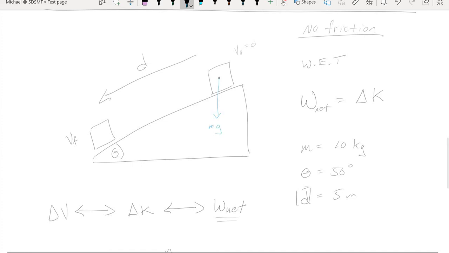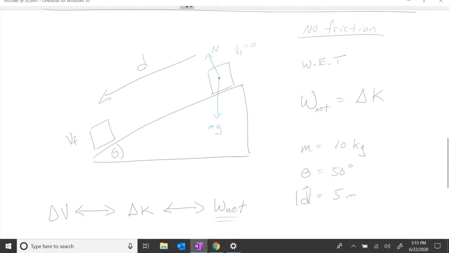Weight always points straight down. We have the normal force, which points normal to the surface of contact. And that's it. That looks like the only two forces that are acting on this mass as it slides down the hill.